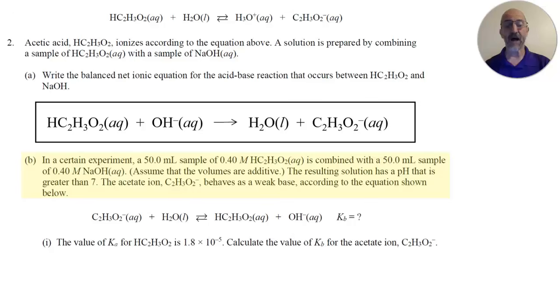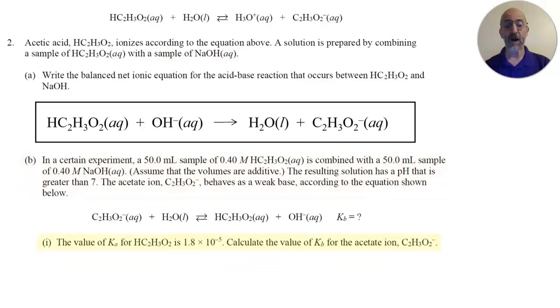The acetate ion, C2H3O2-, behaves as a weak base according to the equation shown below. So we're looking at the net ionic equation for the acetate ion reacting with water to produce acetic acid and hydroxide, and there is a Kb associated with that, the base dissociation constant.